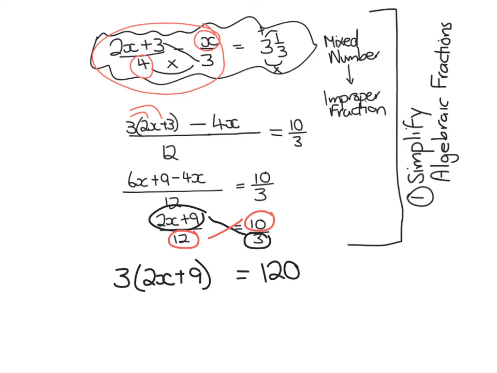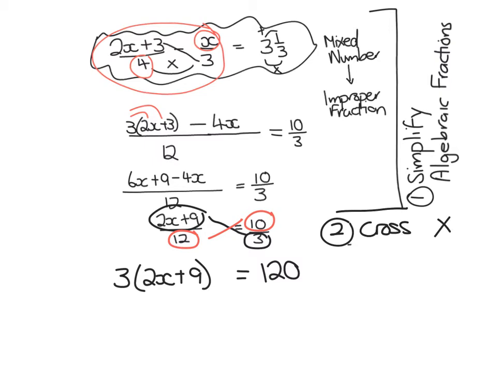Now we get back to a very similar situation that we've had before. We get back to having a process where we can expand, collect like terms, and then solve for x, which are our steps that we've talked about so far. I'm just going to move this little one up because we got into step 2 there. Here we go. So that's step 1. Step 2 is cross multiply.